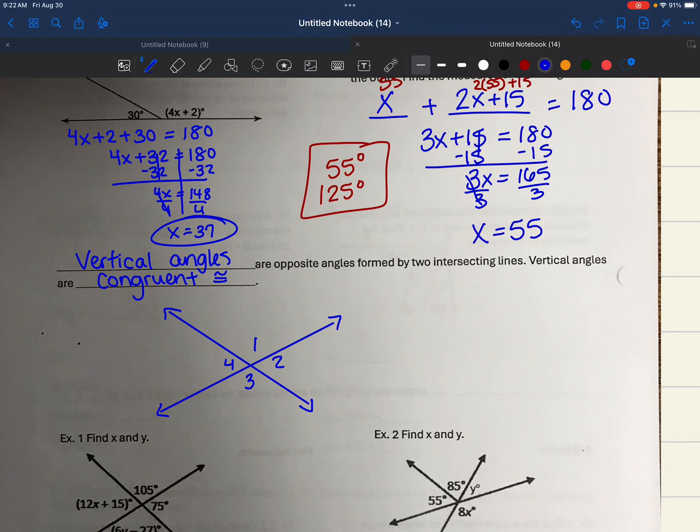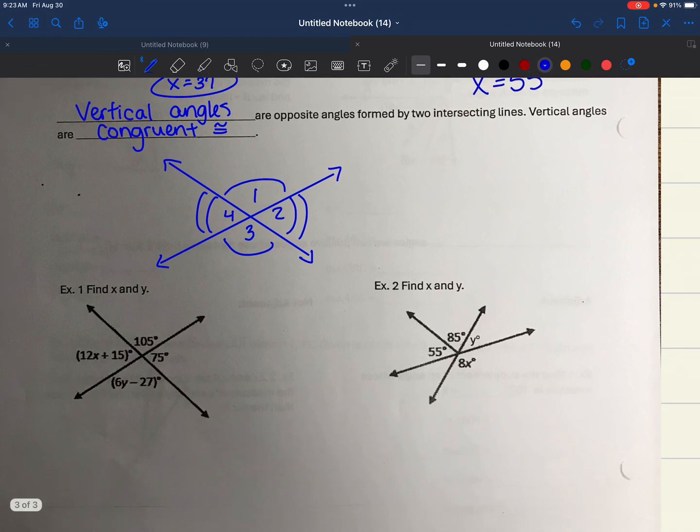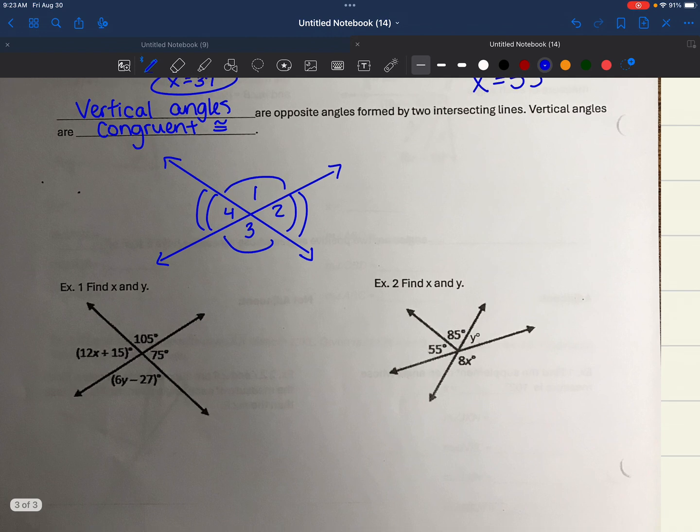We could label these 1, 2, 3, 4. So 1 and 3 are congruent, 4 and 2 are congruent. Remember those arcs show congruency? So when you have two lines that cross, angles directly across from each other have to be congruent, or equal.